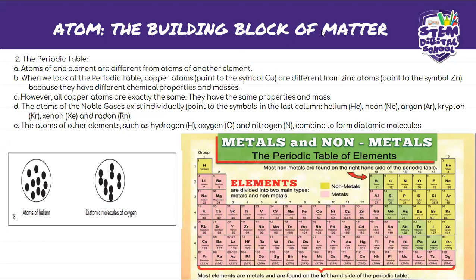What is the atomic number of copper? Post your answer for me to see whether you are following the lesson. What is the symbol of the copper atom? Check for me if you are okay.